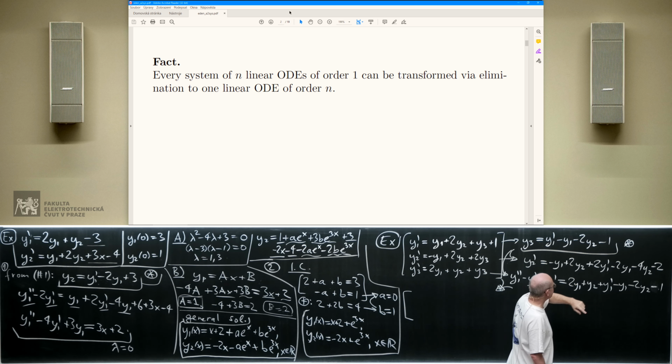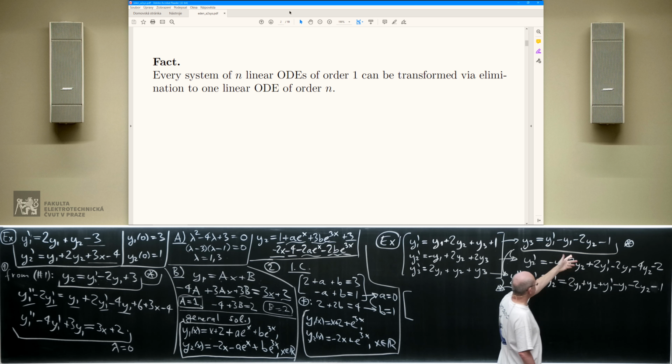Then there will be lots of minuses. Perhaps I will also change the sign. Two operations in one. So I'm moving 2y1 derivative to the left, and then I'm changing sign, and it again is plus 2y1 derivative. y2 derivative stays, and I'm changing signs. Let's hunt for y1. y1 is here.